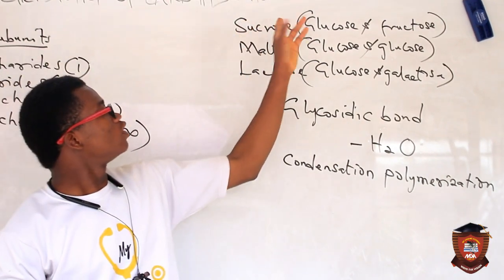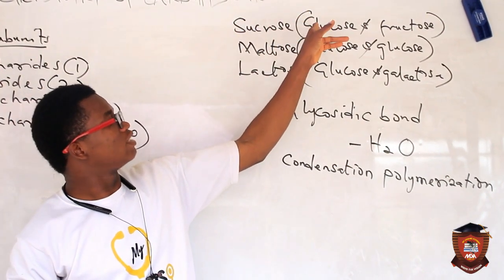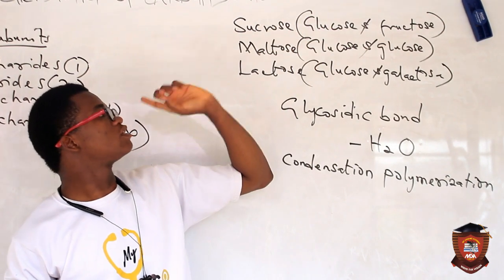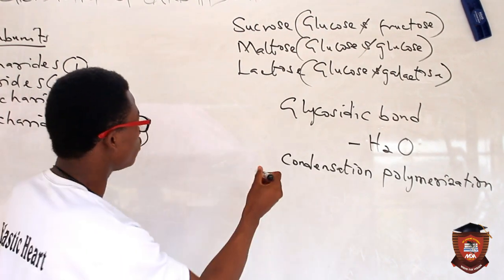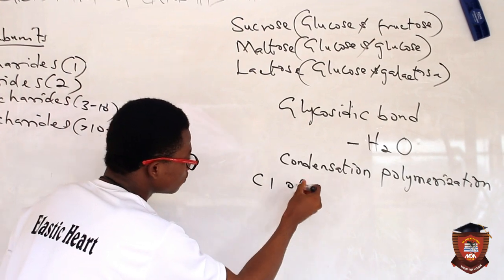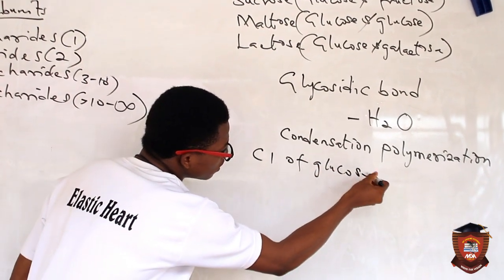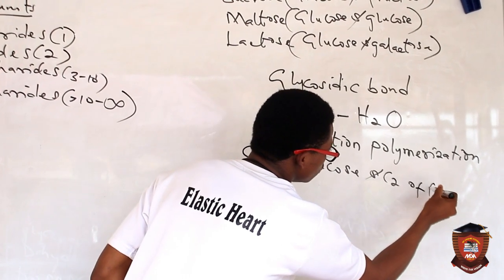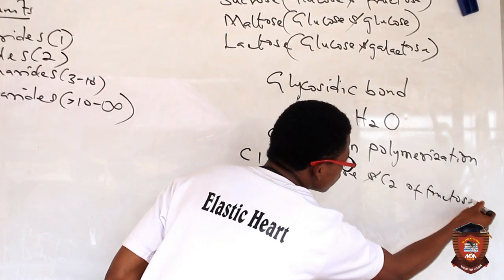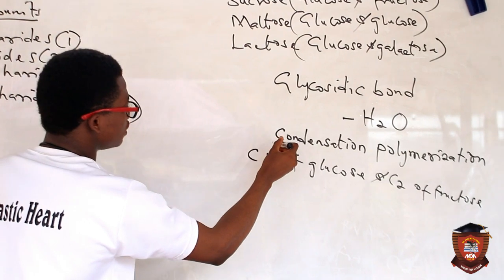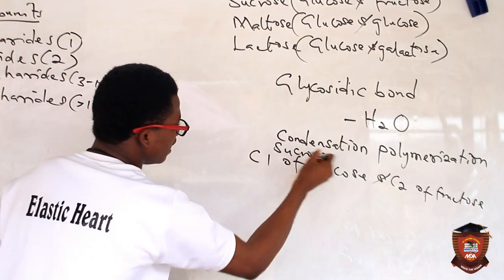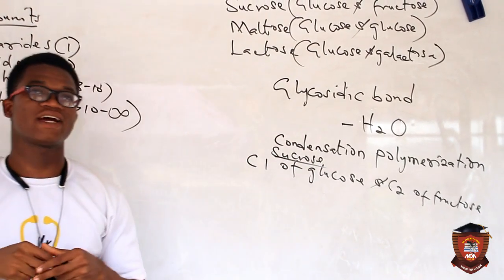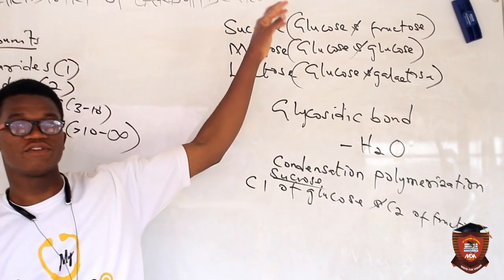Now, the glycosidic bond that exists in sucrose is between the C1 of glucose and the C2 of fructose. So this is sucrose, a disaccharide that comprises glucose and fructose.